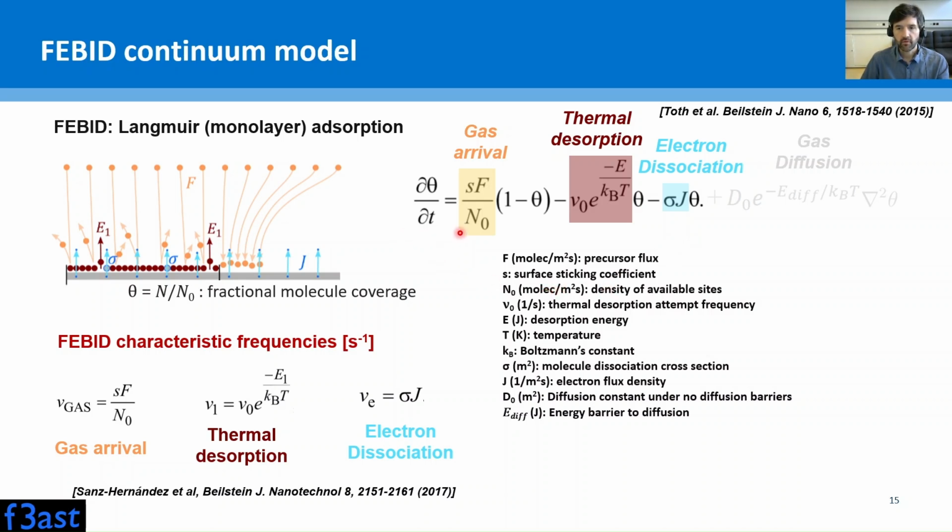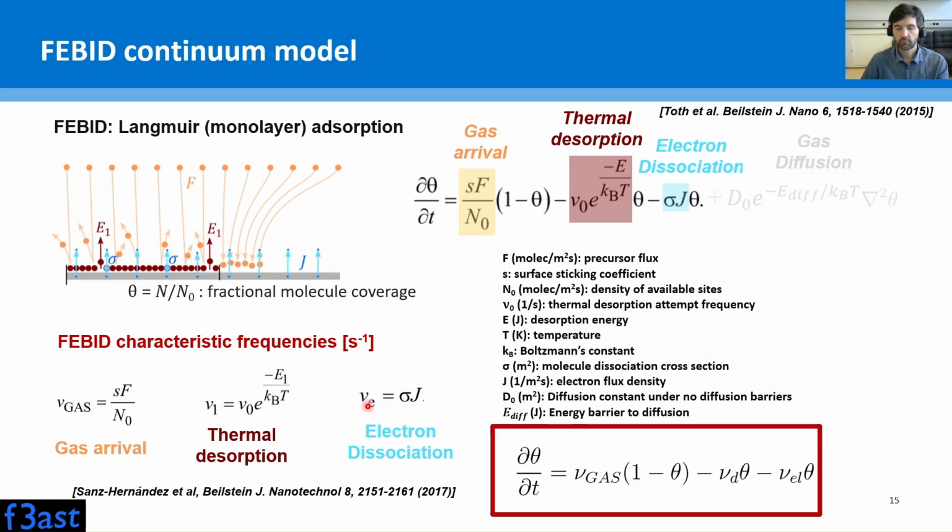So the FEBIT continuum model can be expressed then as a function of these FEBIT characteristic frequencies, the one devoted to gas arrival, the one to thermal desorption, and the one to electron dissociation. And we can write this FEBIT continuum model in a more compact way. Once more, you can see how many parameters are in principle necessary in order to fully describe the FEBIT process, because it's very complex, but you will see that we have been able to effectively model this and simplify it significantly.